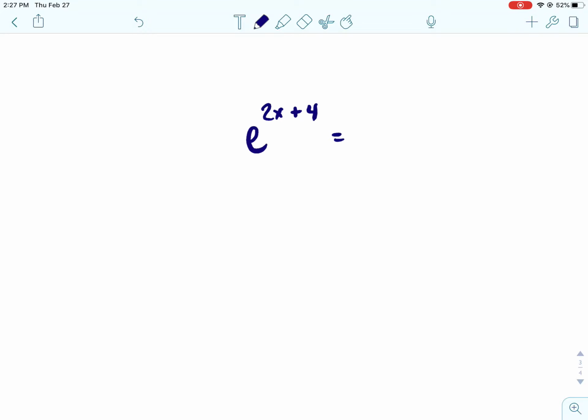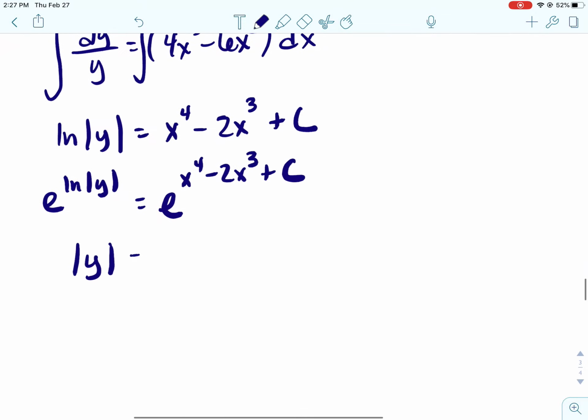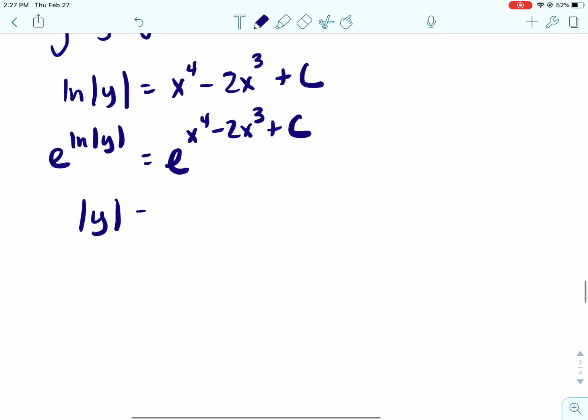We want to undo the addition and change it to multiplication. What would it change to? e to the 2x times e to the 4. That's what we're going to have to do here. So I'm going to leave the ones with the x's alone. So this is going to equal e to the x to the 4th minus 2x to the 3rd, and then we're going to multiply that by e to the c.